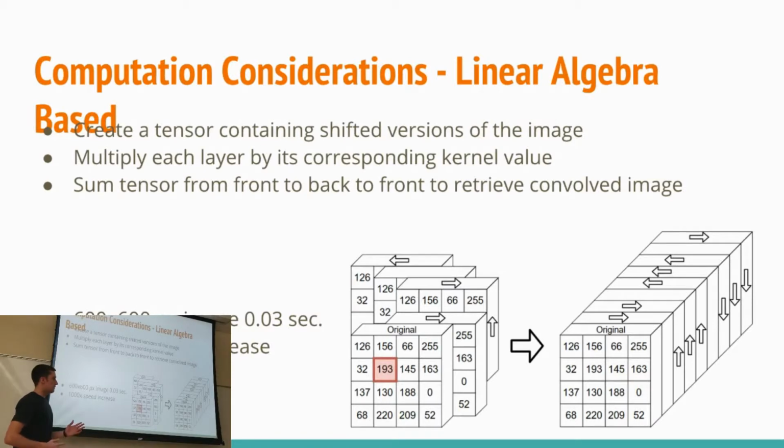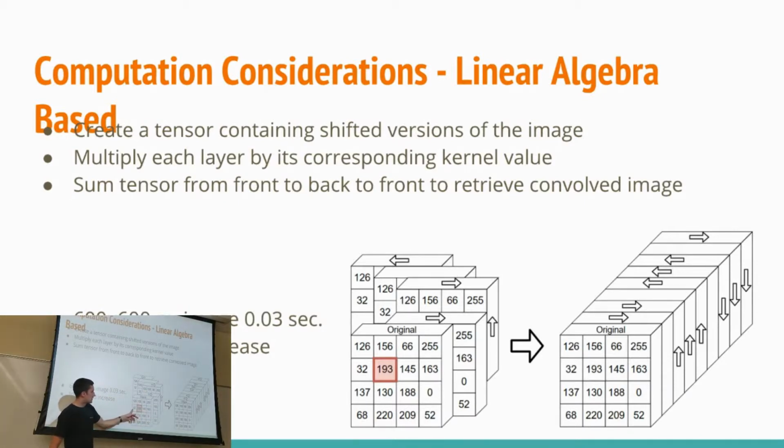Basically, the idea with this method is you have your original image on the front, and your goal is to line up all the pixels surrounding one pixel in the z dimension. Here, you see the 193, which is the one we're trying to center around, and then we shift the image behind it over by 1.